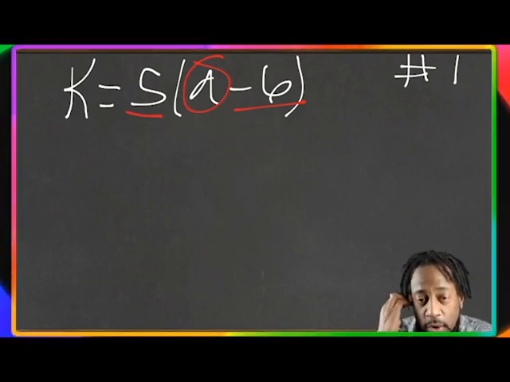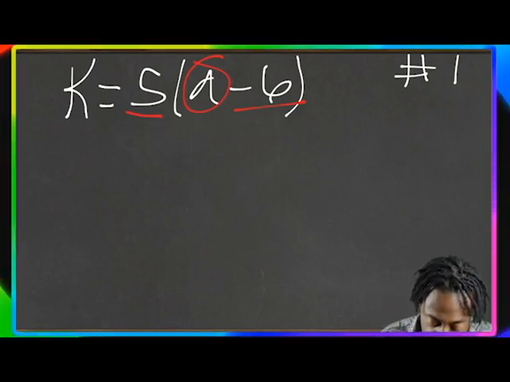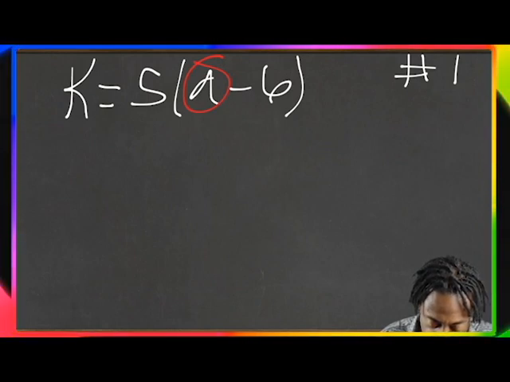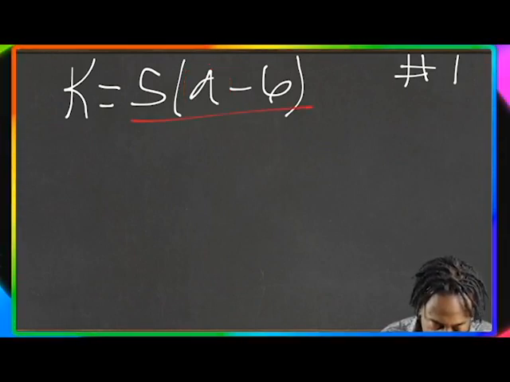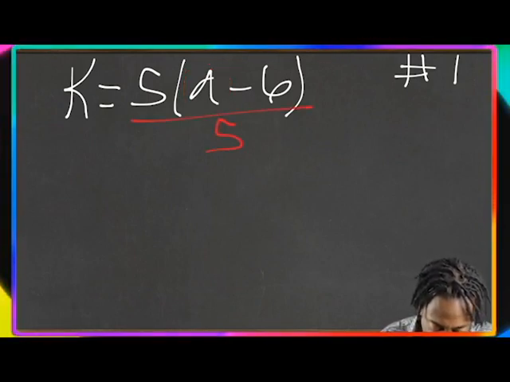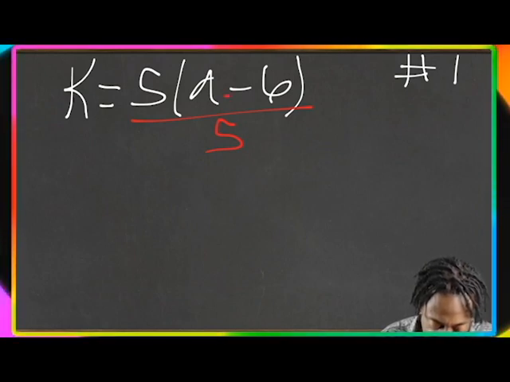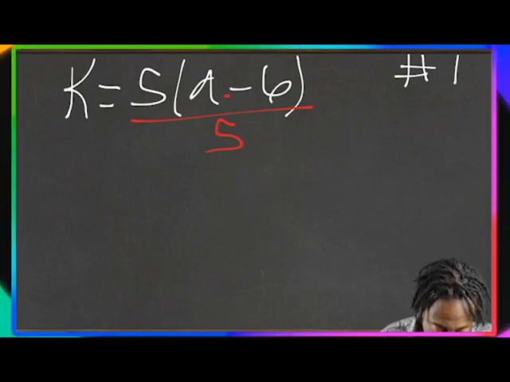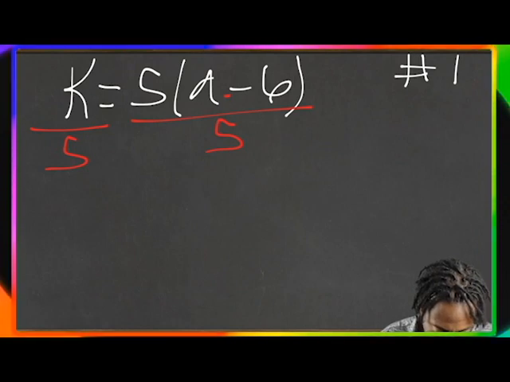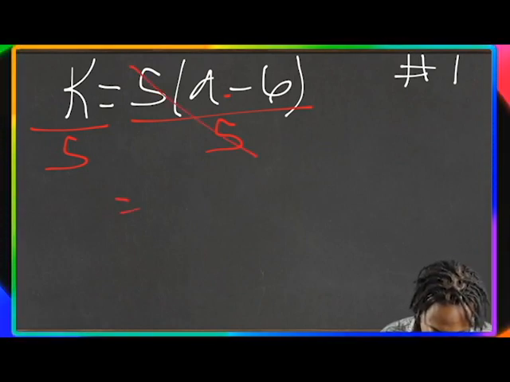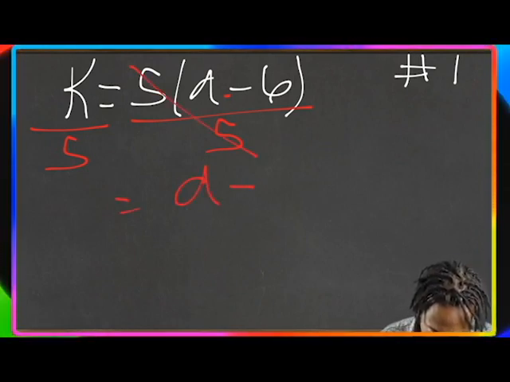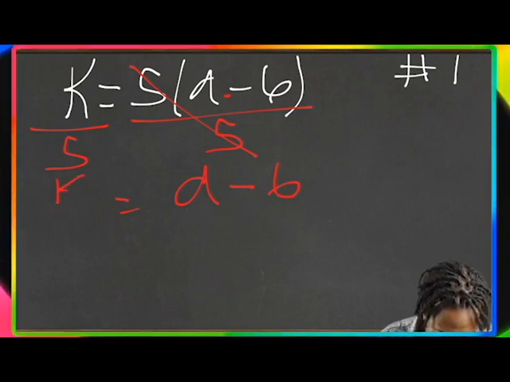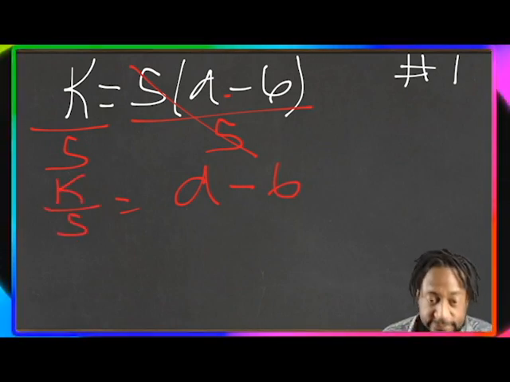Now, in method 1, we're going to automatically get rid of what's on the outside of the parentheses, which is 5. So we're multiplying. The opposite of that is divide. So we divide. There you go. Okay? So that's going to cancel, give you D minus 6 equals K over 5.